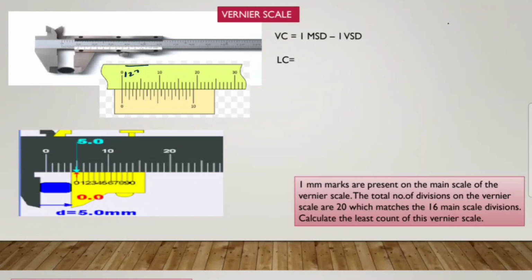Now, if you remember, in our previous session of error calculation, I told you that a vernier scale can have an error that is called an offset error, which is a systematic error present in the system. Ideally, if a vernier scale has no error in it, then when we slide this vernier scale towards the main scale, the main scale 0 should ideally coincide with the vernier scale 0.